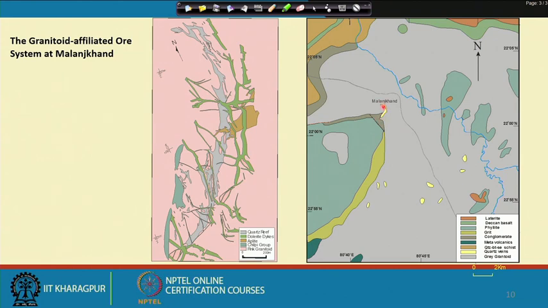This yellow part represents the mineralized ore body, and the grey part is the Malanjkhand granodiorite, which occupies a total area of about 1400 square kilometers, and within that this ore body is about 3 to 4 square kilometers at the most. The length would be about 2.2 kilometers and the width about 0.8 or so.